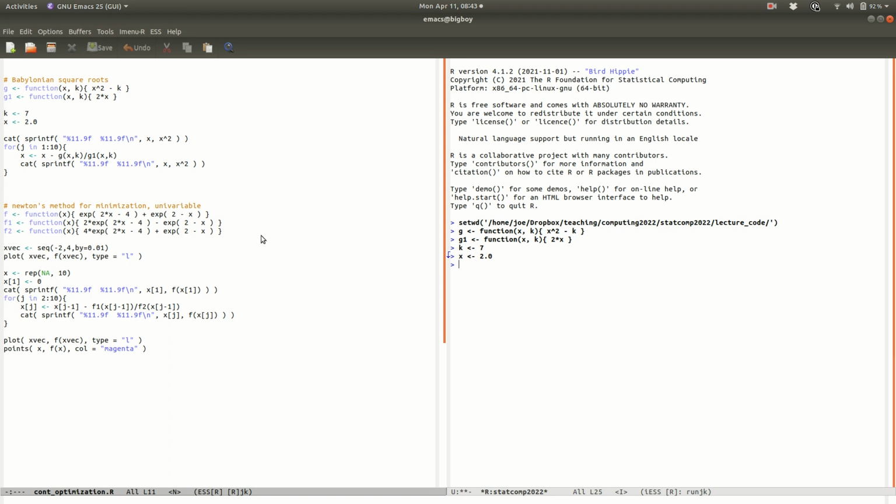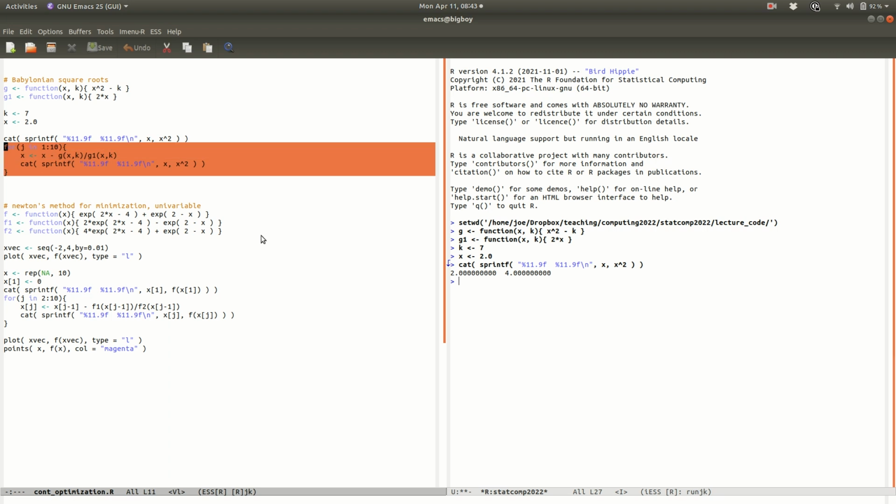And what I'm going to print out here is I'm using the sprintf function to print out x and x squared to a bunch of digits. So that's x, and that's x squared, as expected. And then I'm just going to iterate. So the iteration is I'm going to do x minus g over g prime, and then I'm going to print out the value of x on each iteration. So let me run this.